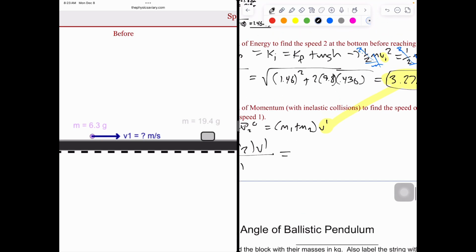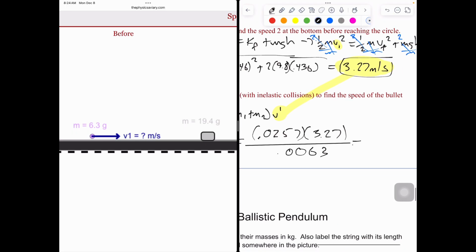And I'm looking at a combined mass of 0.0257 kilograms times 3.27 divided by mass 1, which is going to be 0.0063 kilograms. Times 3.27 divided by 0.0063. All right, and I'm getting about 13.3. Go ahead and put your calculations in and see how you did.